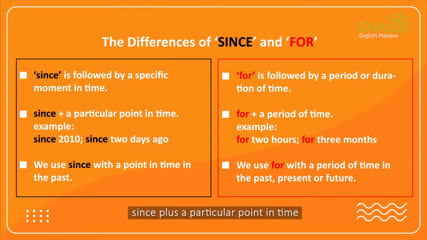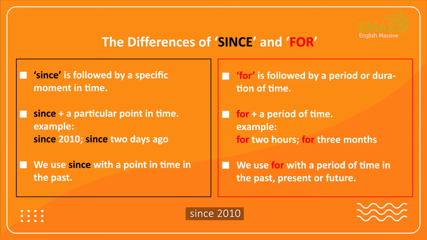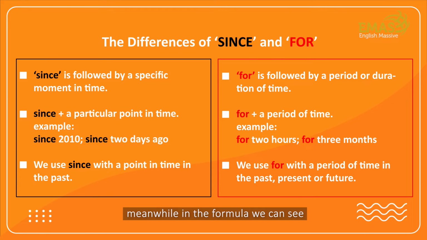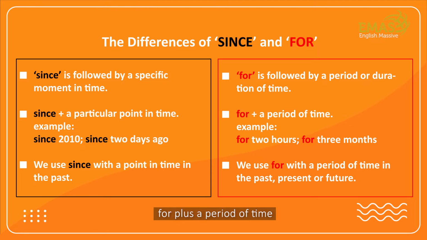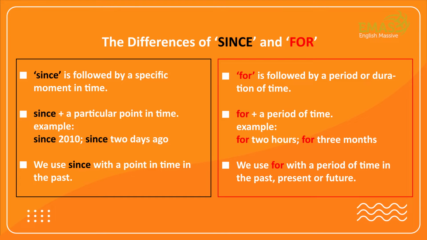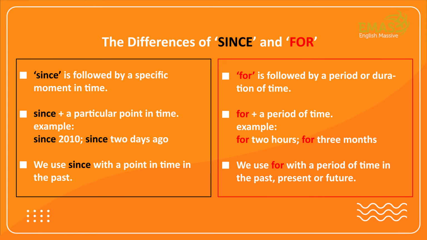Since plus a particular point in time, for example, since 2010, or since 2 days ago. Meanwhile, in the formula, we can see for plus a period of time, for example, for 2 hours, for 3 months, etc.